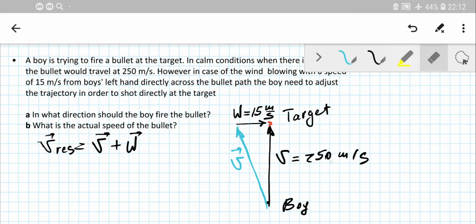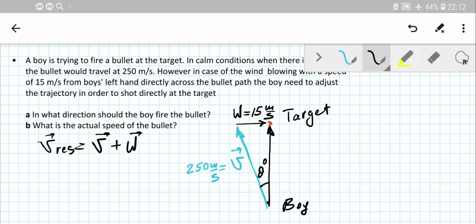So that's why this v is simply here, which is 250. But that's the question. You know why? We are asked in what direction the boy should fire, but we are not asked which speed we need to set for this direction. We can find this angle theta, let's say.